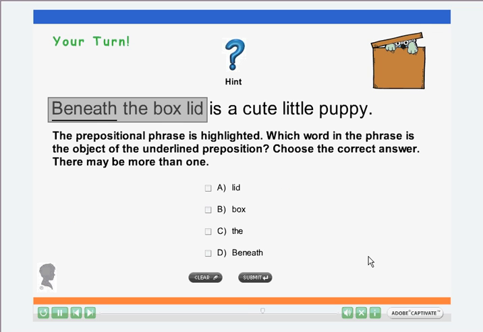The prepositional phrase is beneath the box lid. Which word in this phrase is the object of the preposition? Click on the answer, but be aware that there may be more than one.